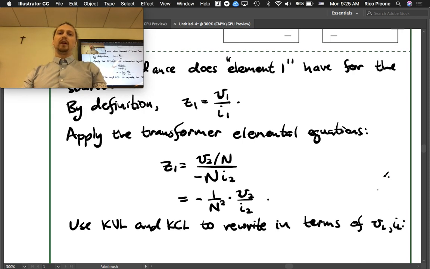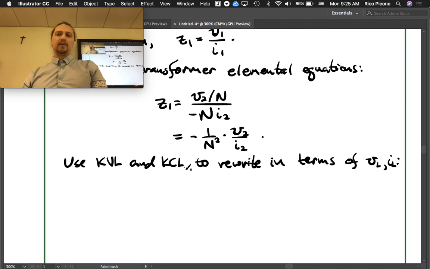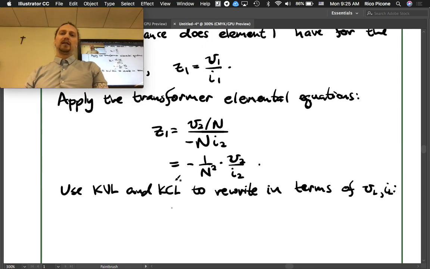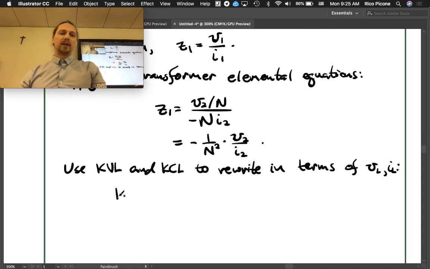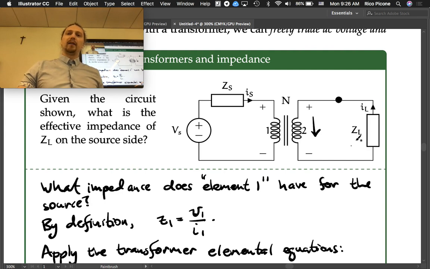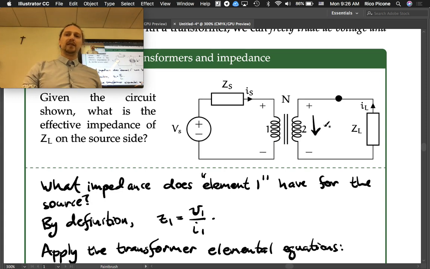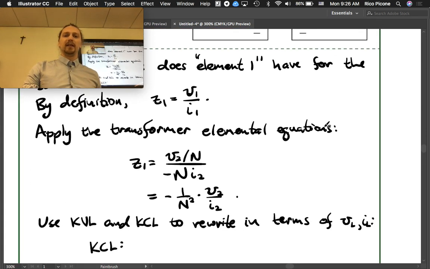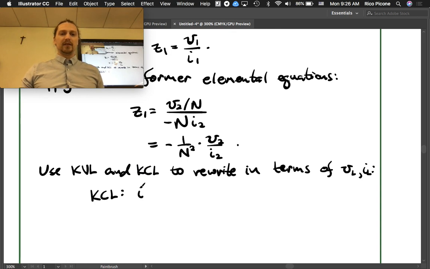So let's do a quick KCL. We've got IL going in here, plus to minus, so this one's going out. So we know that IL equals I2, right? So our I2 equals IL.